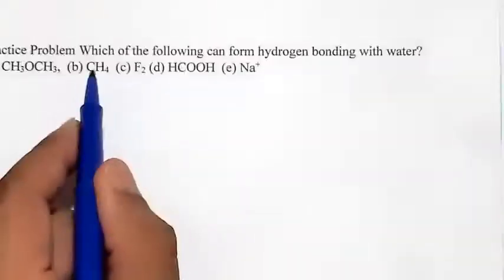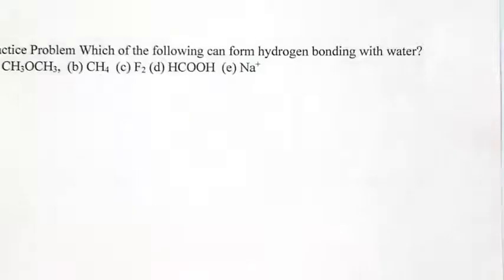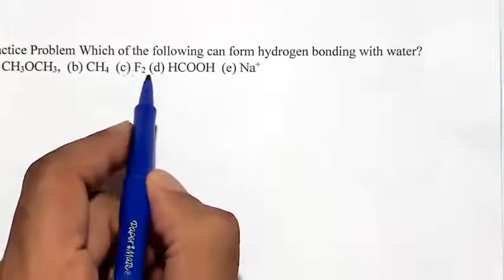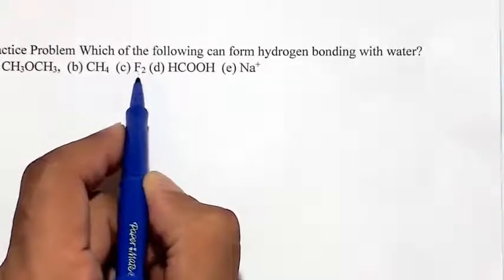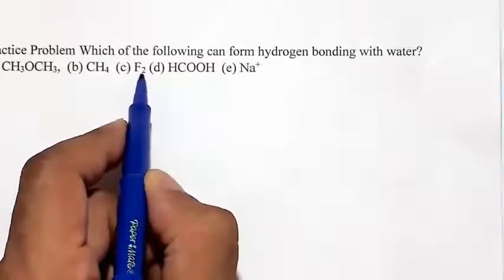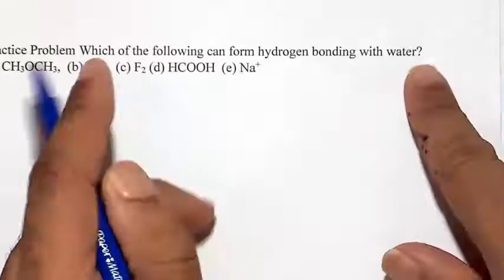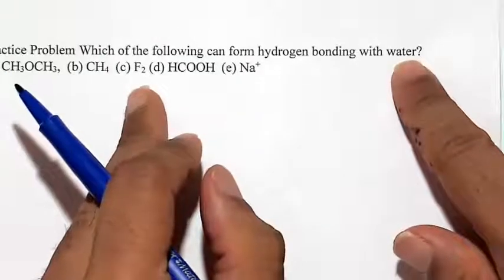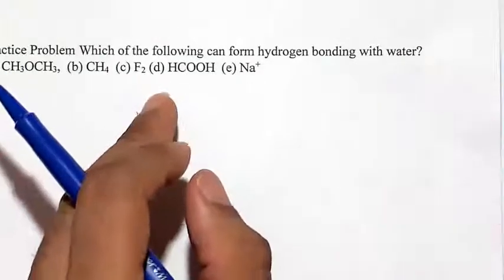There's nothing electronegative about it. It's a nonpolar molecule. Only London dispersion forces exist in that. F2 will not hydrogen bond with water because F2 is a nonpolar molecule. The electronegativities cancel with one another, so we would expect no interaction between polar water and fluorine.